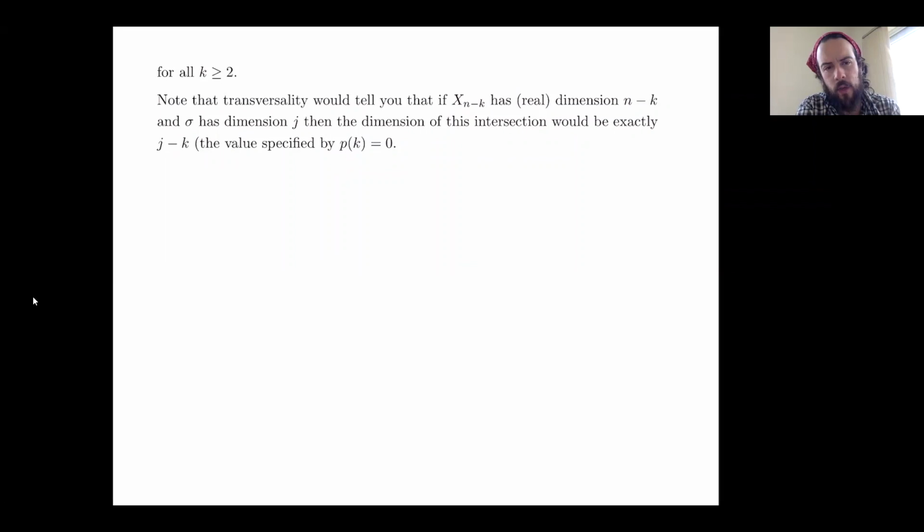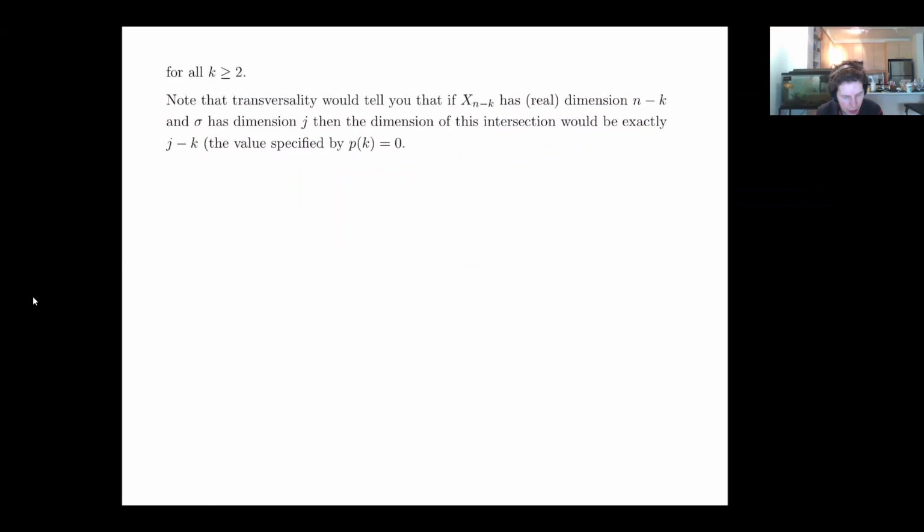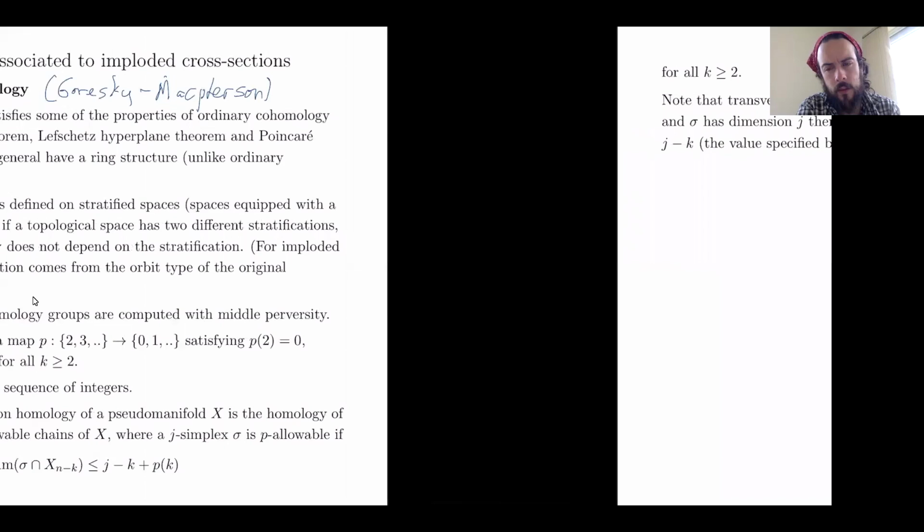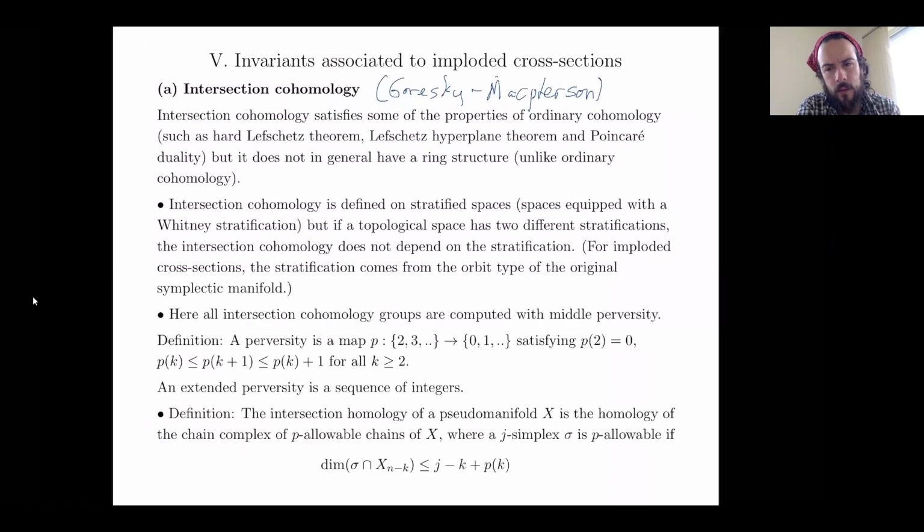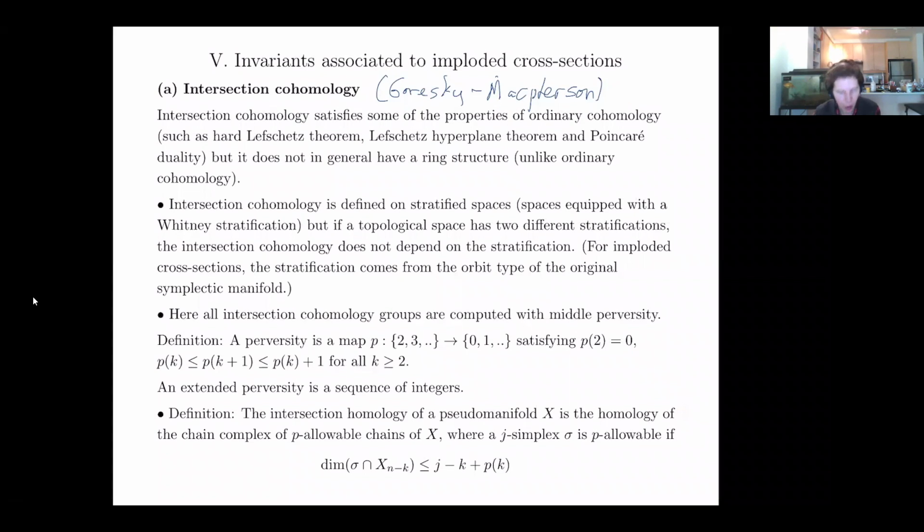And then given a perversity, what does the intersection cohomology measure? It measures the homology of the chains that satisfy this allowability condition.